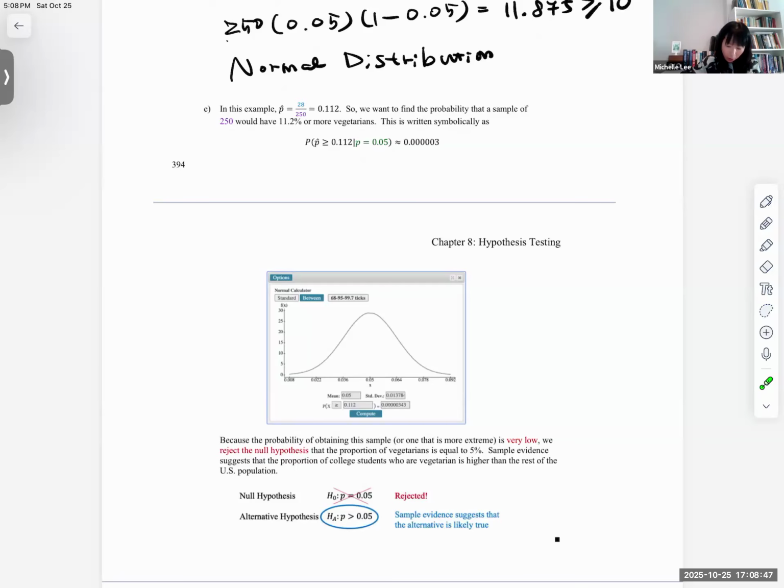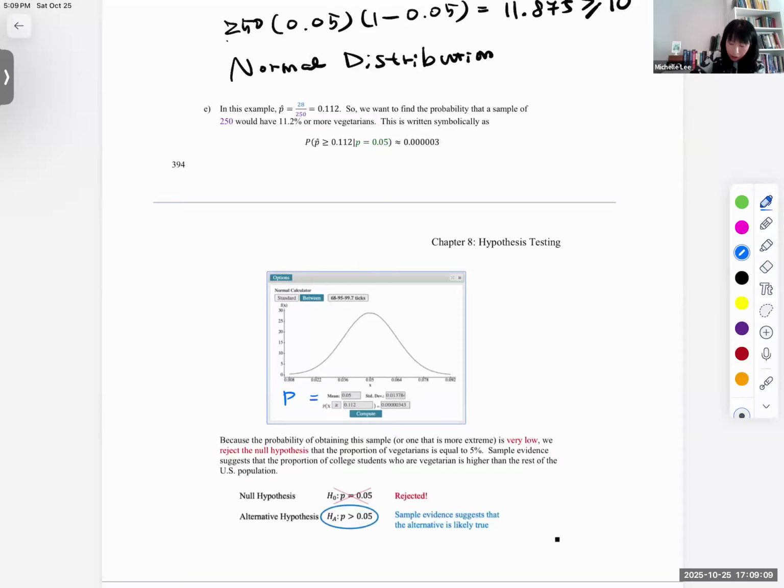All right, with the StatCrunch normal curve, when we use a normal curve in the sampling distribution of the sample proportion, we are using the mean, which is p, right?